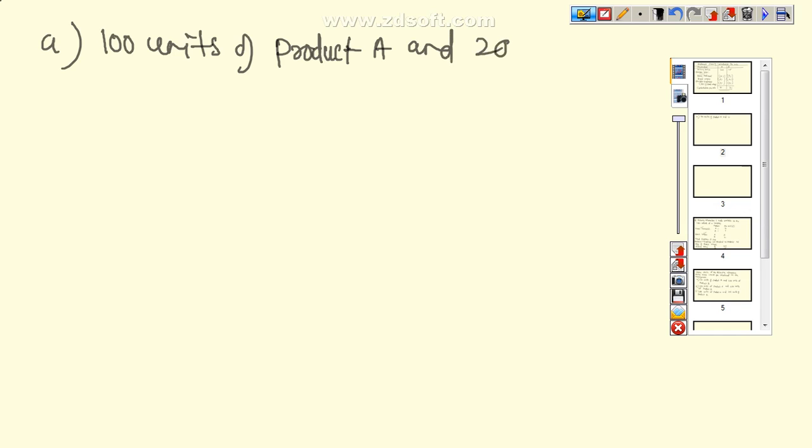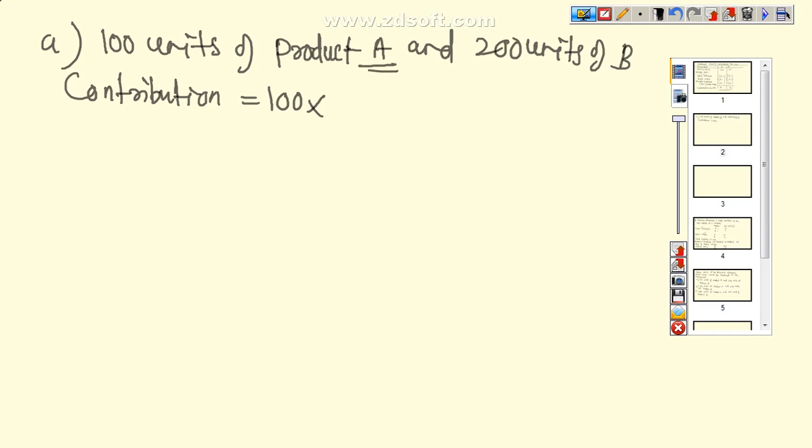First alternative, 100 units of product A and 200 units of product B. So contribution is equal to 100 multiplied by contribution per unit of product A, that we have already calculated.